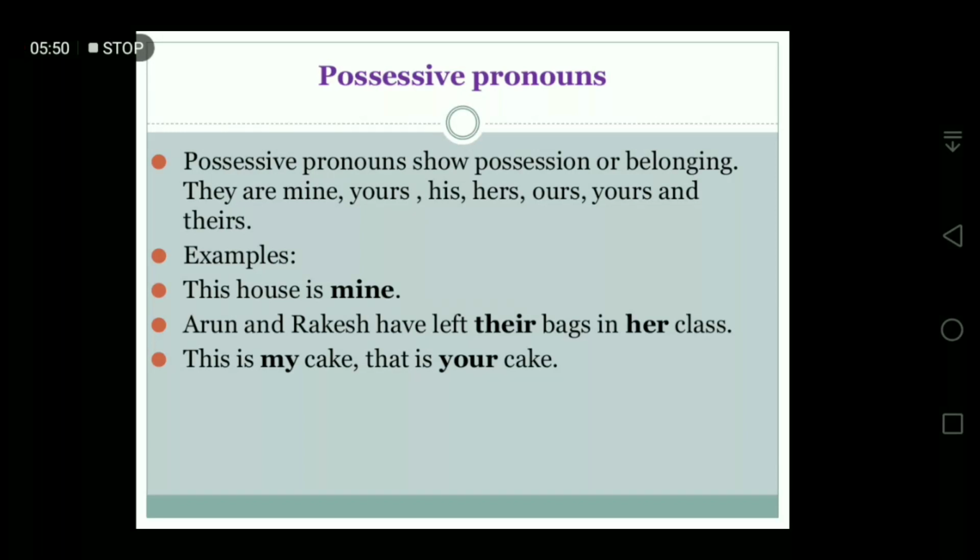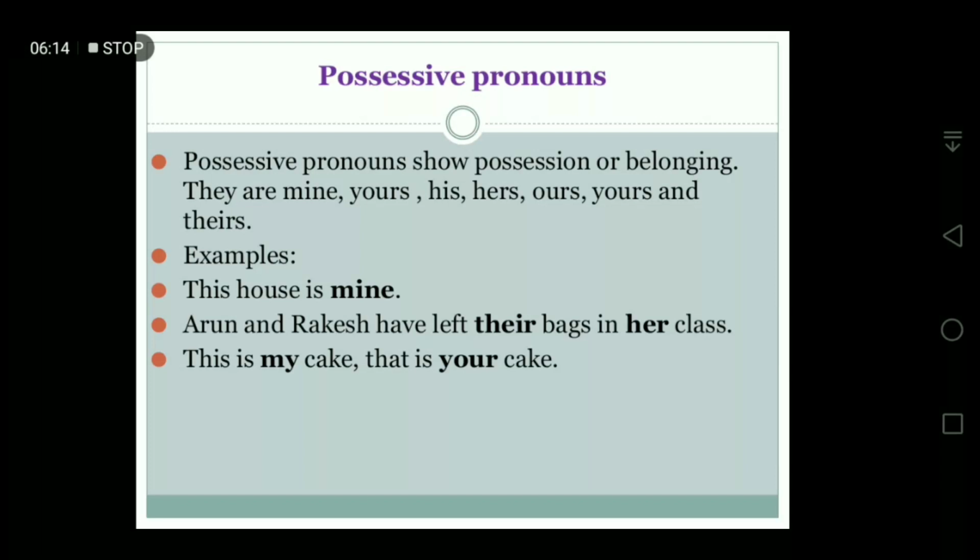Arun and Rakesh have left their bags in her class. Arun and Rakesh, both friends, have left their bags. Their bags means the bags of both Arun and Rakesh.